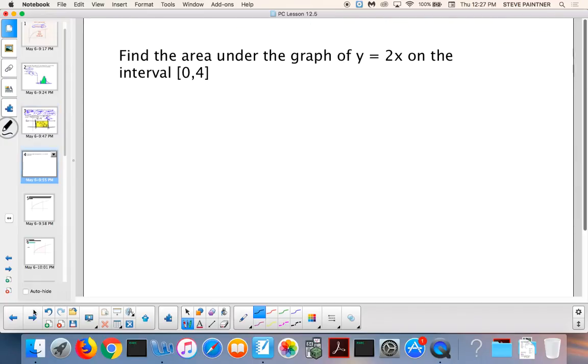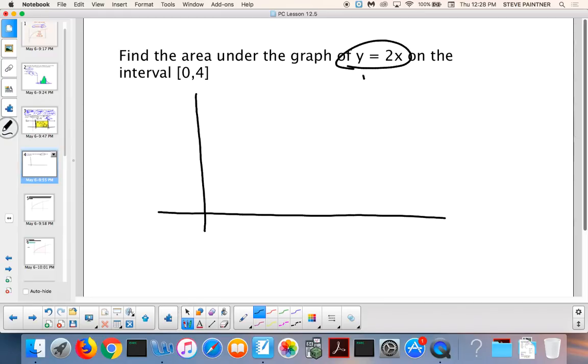All right. Find the area under the graph of y equals 2x on the interval 0 to 4. Apparently I didn't give you any graph paper, so would you please graph f of x equals 2x. You should know what that looks like.